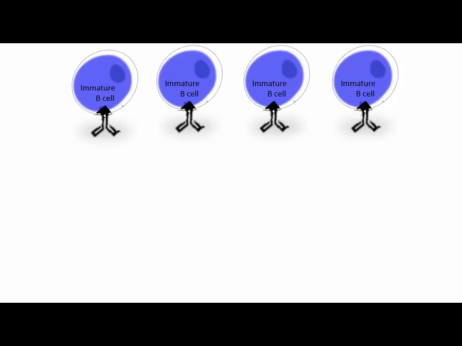The way that they're able to obtain their own unique receptor is based on the fact that when they go to mature, they manipulate the B cell receptor gene or the T cell receptor gene in a way that modifies it so that each cell has its own unique gene. Okay? So they start off with the same gene, but when they go to mature, they start to randomly change their B cell or T cell receptor gene.